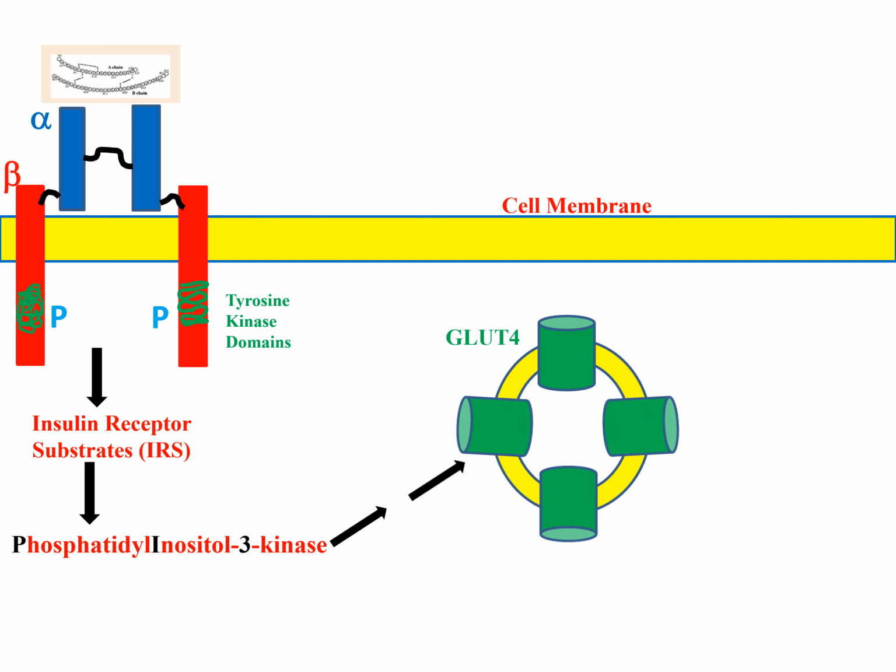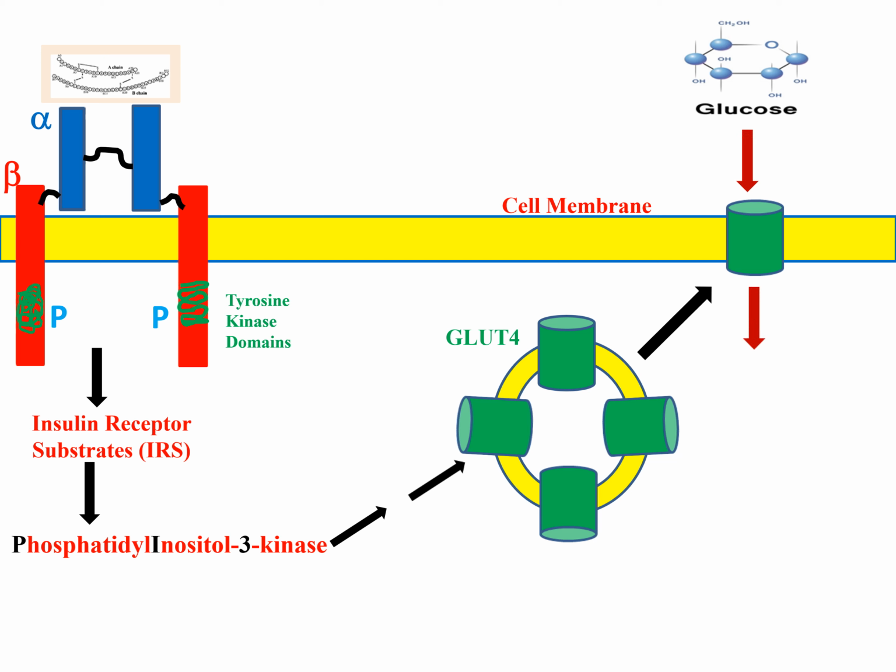So it will enable these endosomes to translocate and fuse with the cell membrane and incorporate the glucose transporter type 4. Now, whenever the glucose transporter type 4 is incorporated, it will allow the glucose to enter inside the cells and then produce different effects.